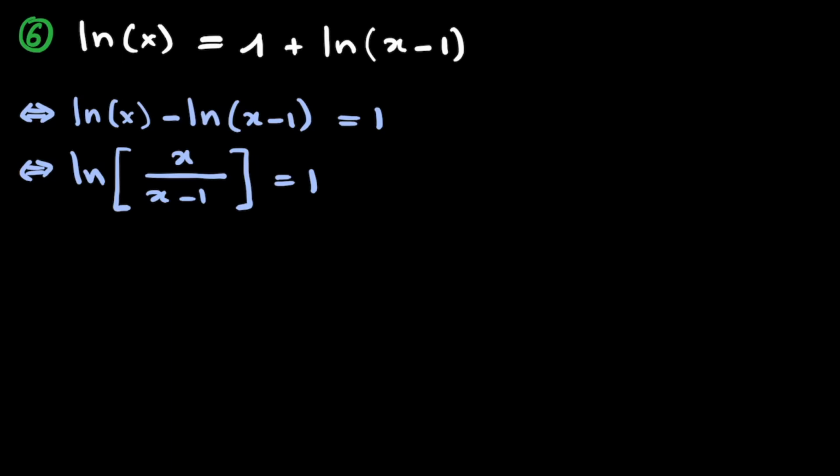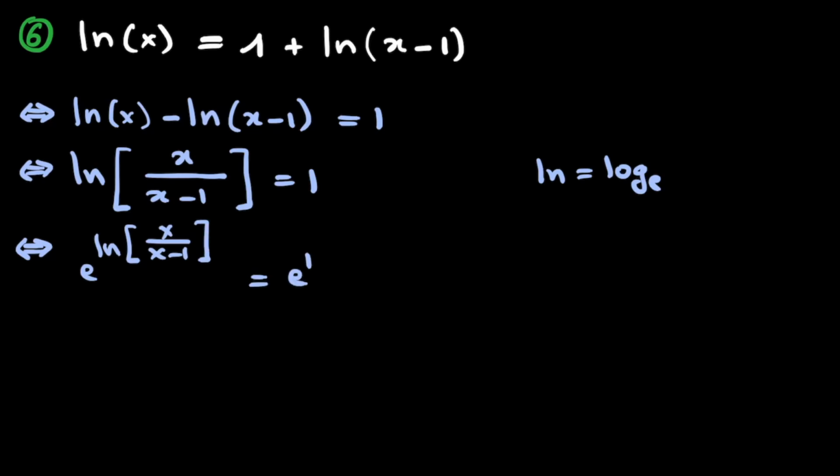And at this point, we can use this exponentiating trick, because we only have one logarithm on the left-hand side and a number on the right-hand side. Therefore, we're going to exponentiate both sides with a base number of e, because again, the natural logarithm is simply the logarithm with base e. So we have e to the power of the logarithm of x divided by x minus 1, and this has to be equal to e to the power of 1, which is of course simply e.